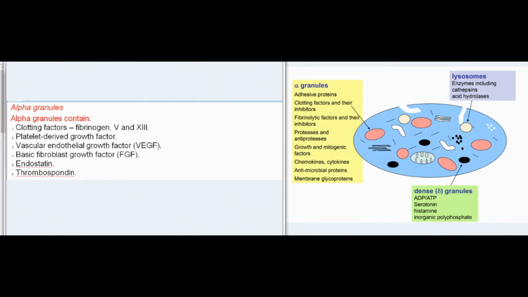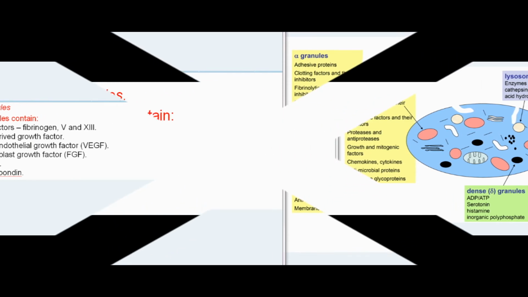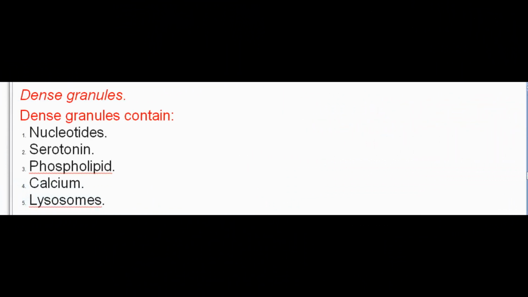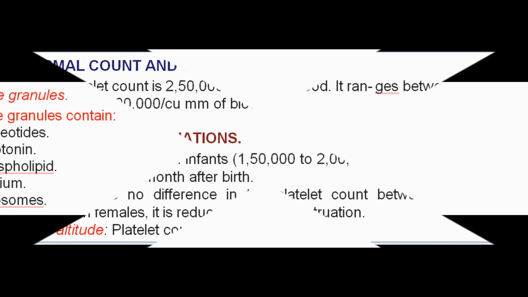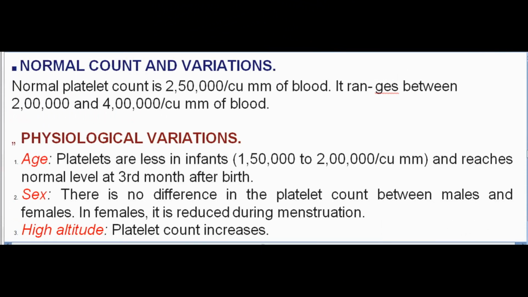Alpha granules contain clotting factors, fibrinogen, V, and 13, platelet-derived growth factor, vascular endothelial growth factor, VEGF, basic fibroblast growth factor, FGF, endostatin, and thrombospondin. Dense granules contain nucleotides, serotonin, phospholipid, calcium, and lysosomes.